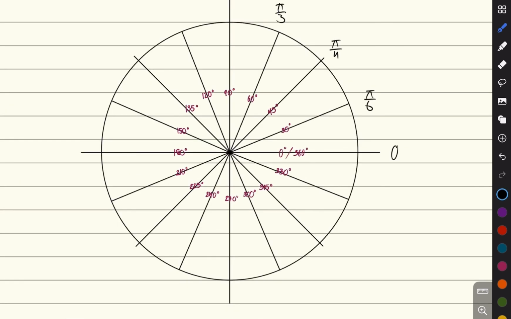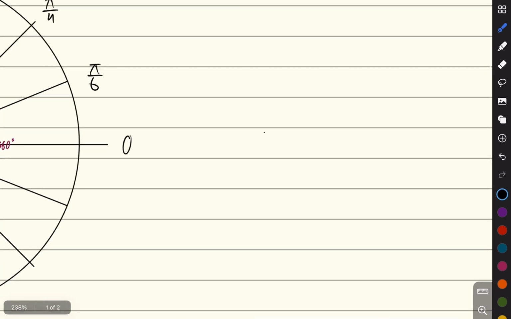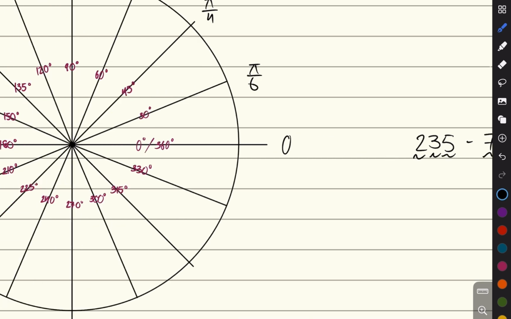Now, for the second, third, and fourth quadrant, I like to remember the radians as something like a phone number, which I'll write over here. So the numbers to remember are 2, 3, 5, 7, 5, 4, and 5, 7, 11. And you'll see where the numbers play into the unit circle in a second when I write everything out.